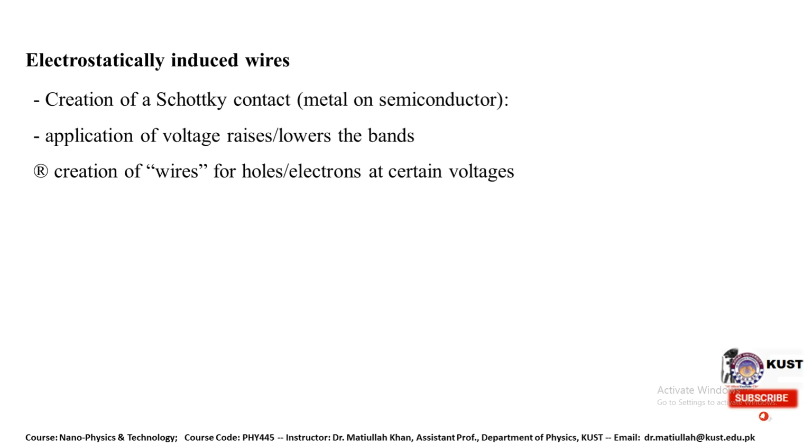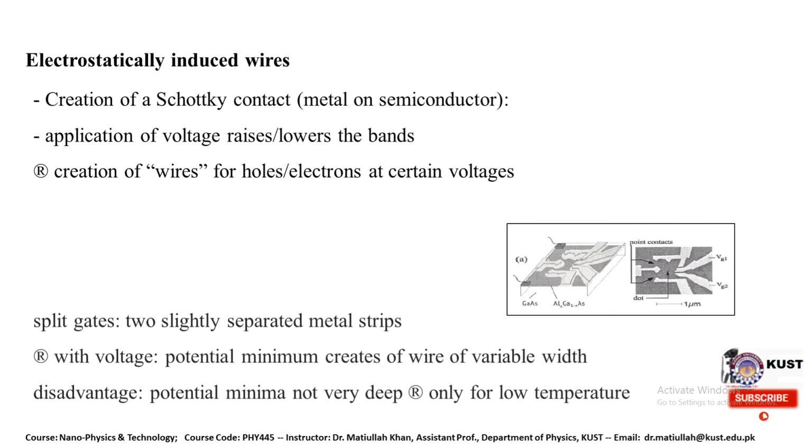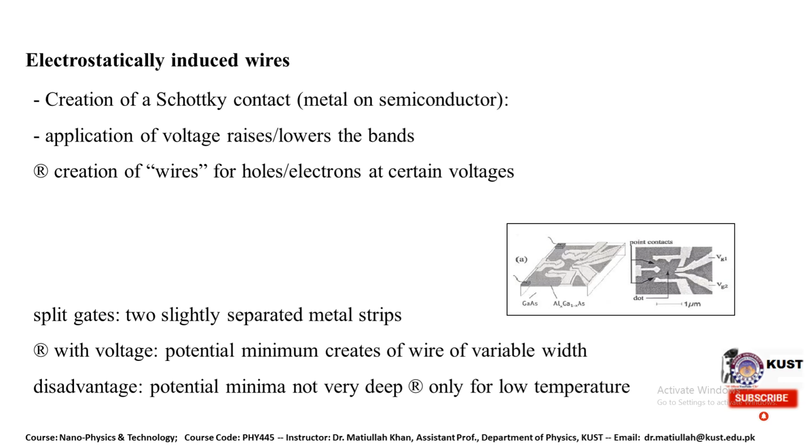The electrostatically induced nanowires are created. We have the example of GaAs and AlGaAs as well, in which aluminum is doped, and in these wires there is a creation of a Schottky contact, which is actually the metal semiconductor contact, and a voltage is applied on it, and as a result of this application of voltage, it raises or lowers the band.